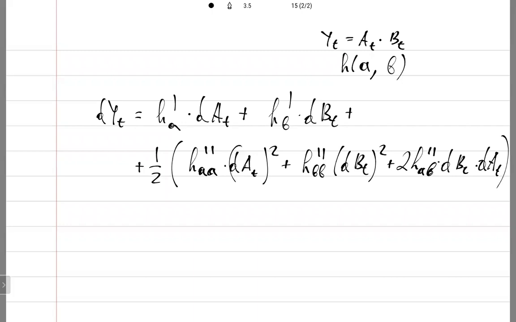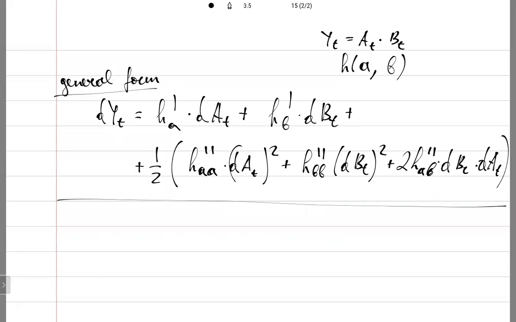So this is Ito's lemma. In our particular case, I think almost everything is 0. So this is the general form, maybe not so general.